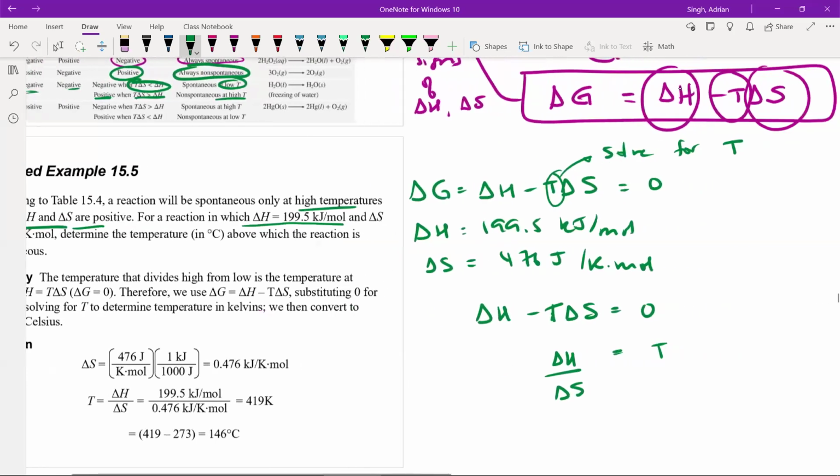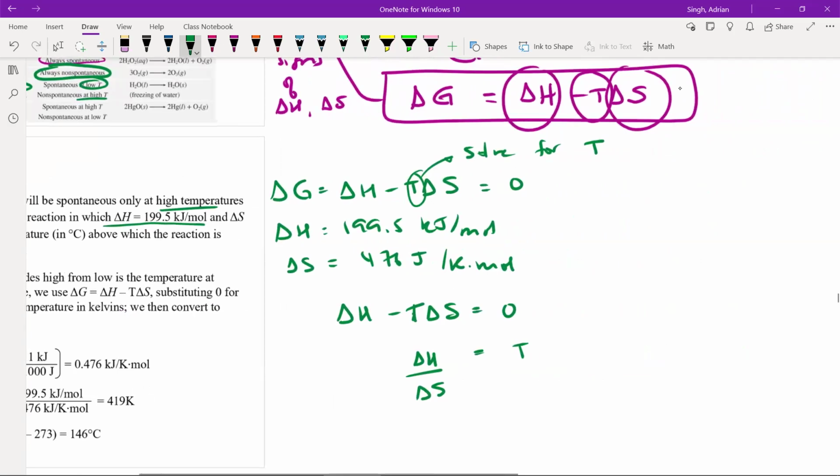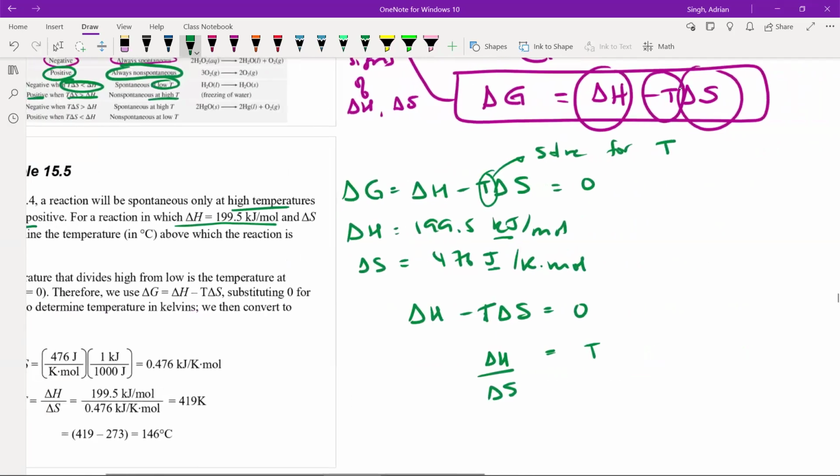So we have our delta H and delta S that are in different units. Okay, so we have kilojoules, we have joules. You want to make sure and convert both of them to the same unit, so we can convert this delta S into kilojoules. So this just divided by 1,000, this ends up being 0.476 kilojoules per Kelvin mole.